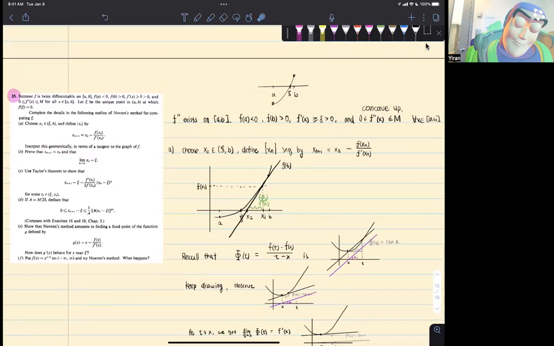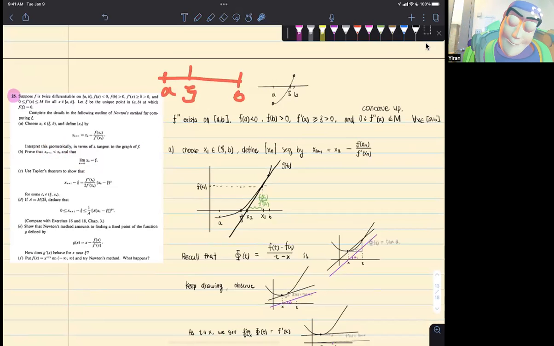So let's just prove x2 is smaller than x1. And notice that this is our interval [a, b], this is c, this is x1, and we know that f is equal to 0 at c, and we also know that f prime of x is strictly larger than 0, which means our function f is strictly monotonic increasing. Therefore, f(x1) is strictly larger than 0.